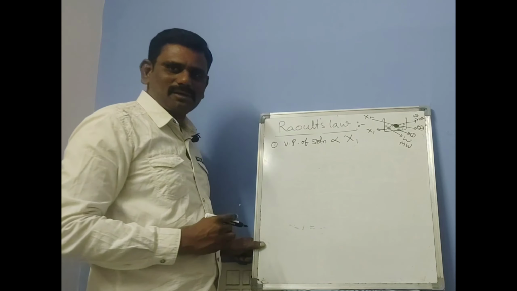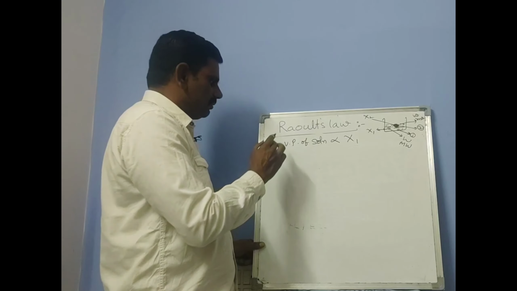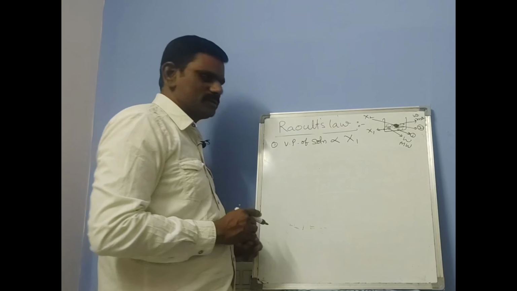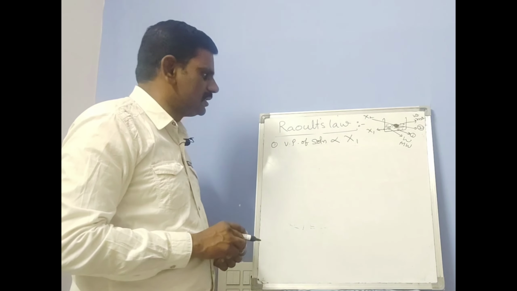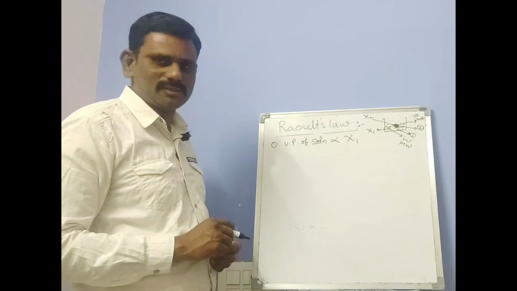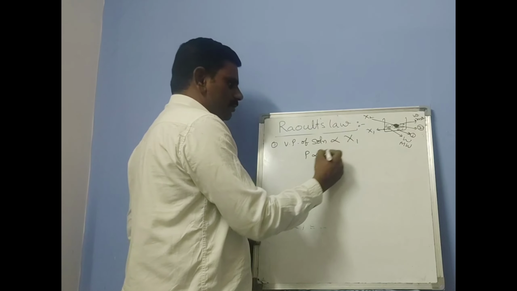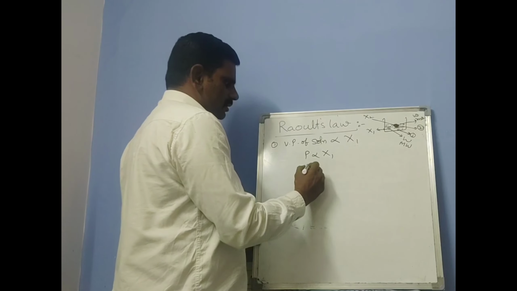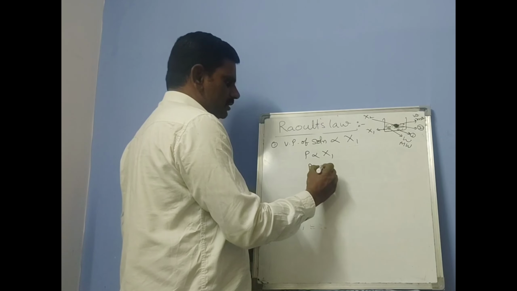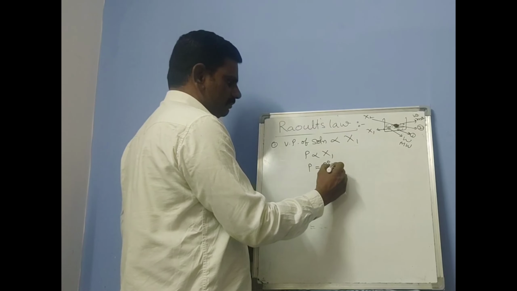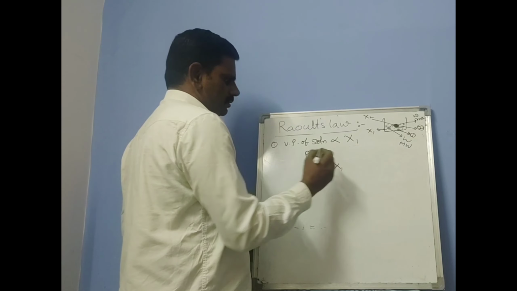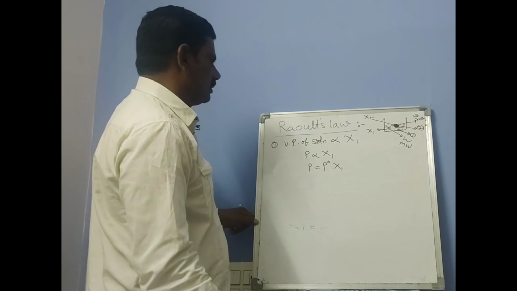So what is the first statement of Raoult's law? The vapor pressure of a solution having a non-volatile solute is directly proportional to the mole fraction of the solvent. So P is directly proportional to x1. When we remove the proportionality sign, P is equal to P naught into x1. Okay, that is Raoult's law.